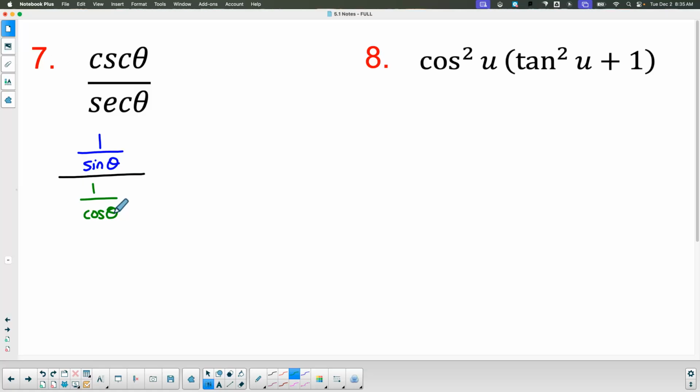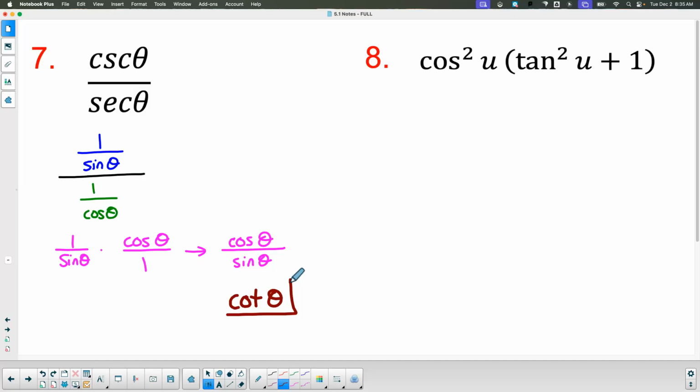Little keep change flip action says that this is going to be 1 over sine times cosine over 1, which is going to be cosine of theta over sine of theta, which is cotangent. Questions on that one?